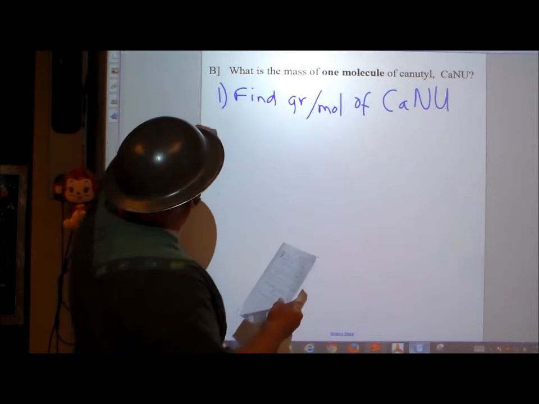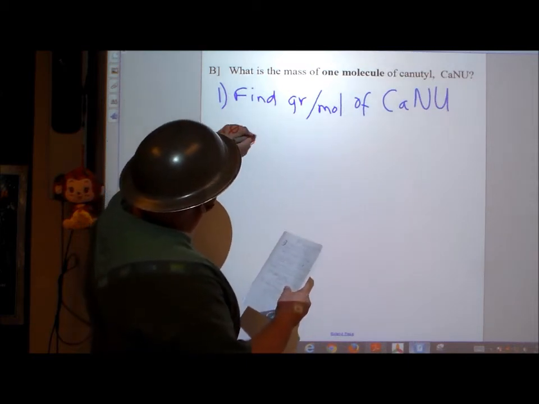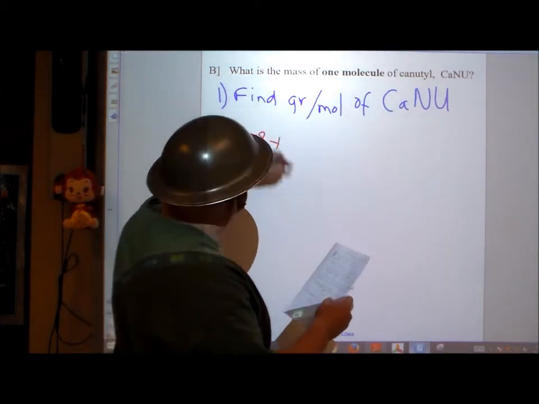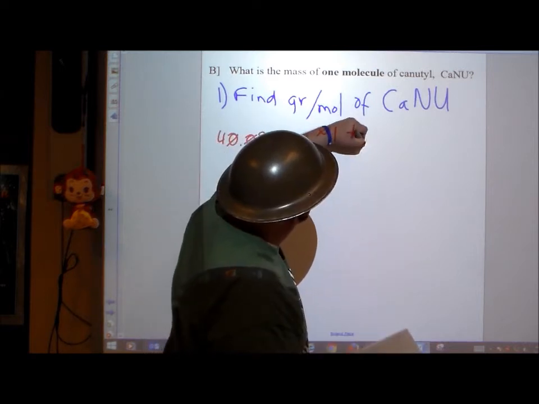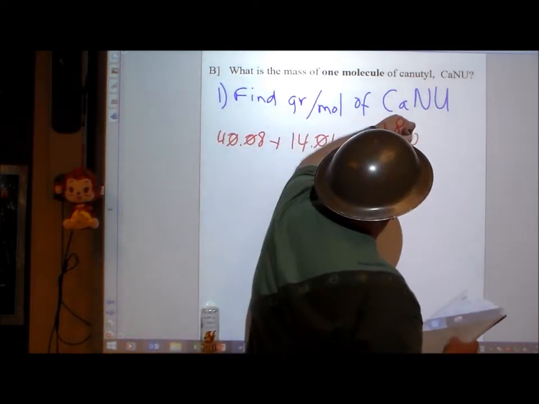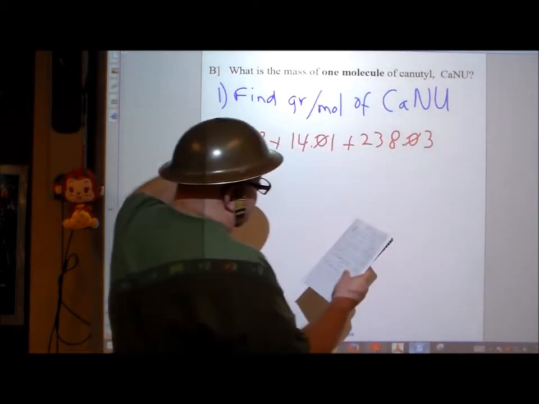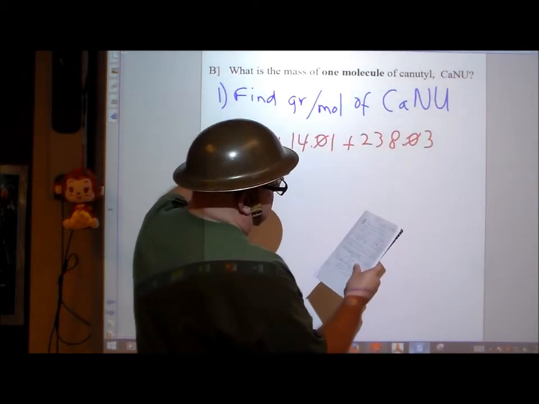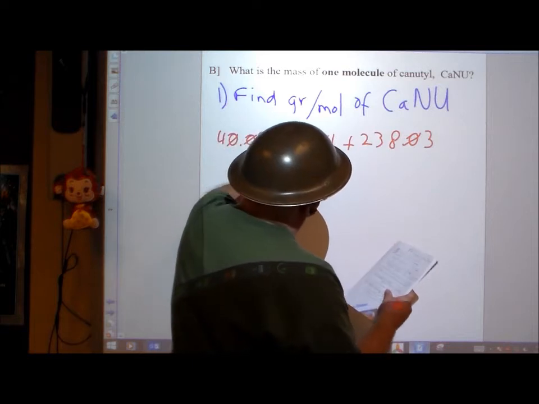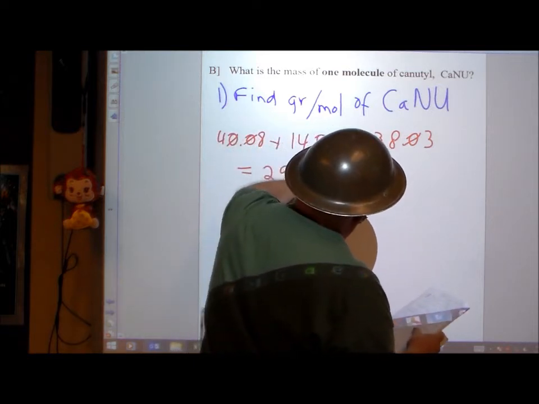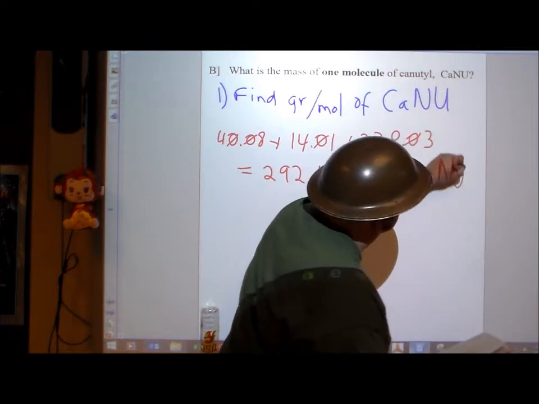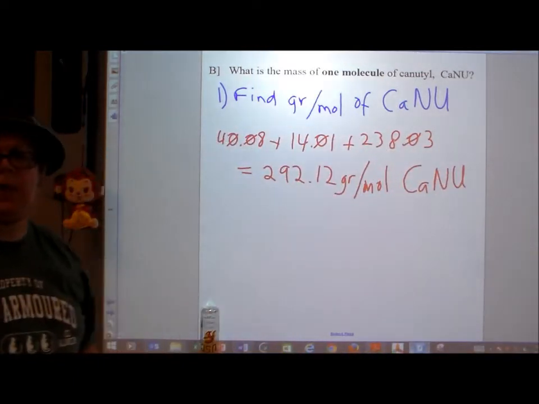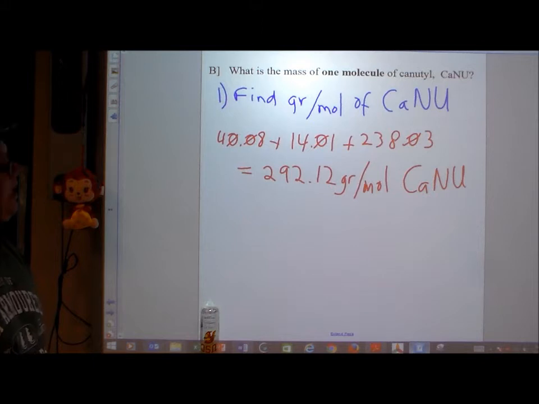So we're going to have 40.08 plus 14.01 plus 238.03, and that's going to get us 292.12 grams per mole of CaNuTil. Okay? That's what we have. So that's how many grams there are in a mole.